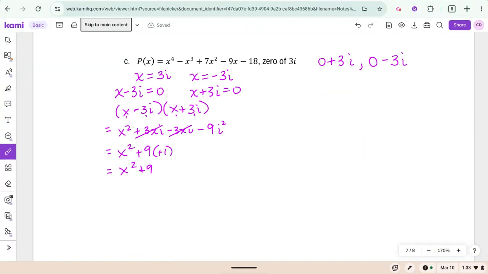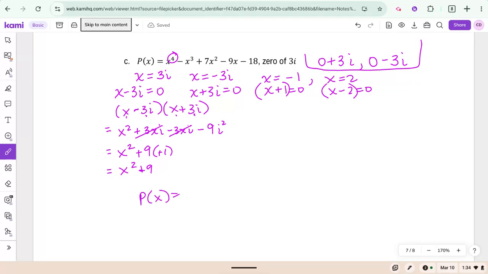So I know that x equals negative 1 and x equals positive 2 are two other zeros. And I know that's all of the 4 factors because this is an x to the 4th. So if I add 1 to each side, one of my factors is x plus 1. If I subtract 2, the other is x minus 2.